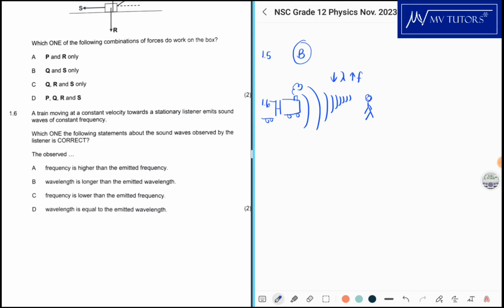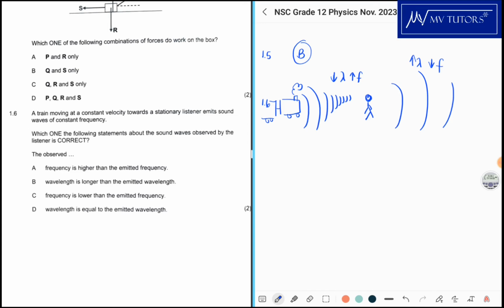Therefore, as the train moves towards the listener, the sound will be higher. If the train moves past the listener, the wavelengths are going to be big, so the wavelength would be increased and the frequency will be lower, and that is why the listener will hear the train less as it moves away.